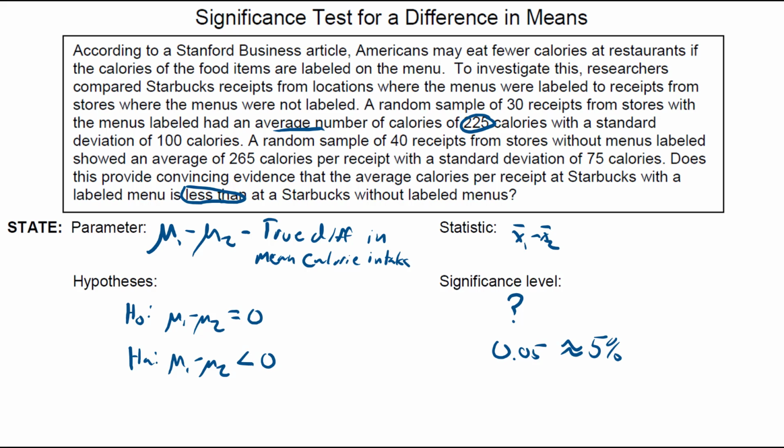Without labels it shows an average of 265. So 225 minus 265 is going to give us negative 40. So right off the bat, our statistical difference is going to be negative 40.